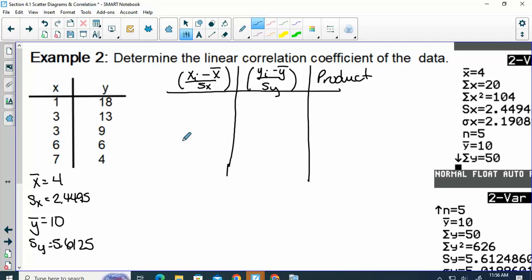So for my 1, I have 1 minus 4 divided by 2.4495. You can hit second enter, bring it up, and just change your numbers.